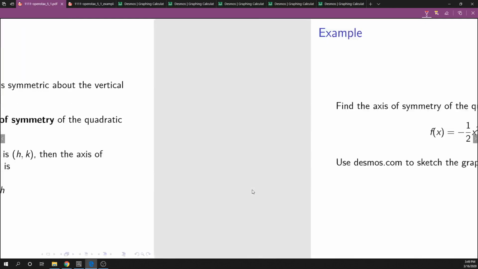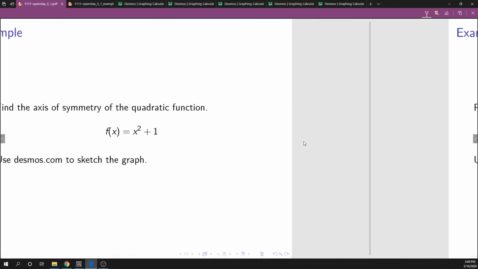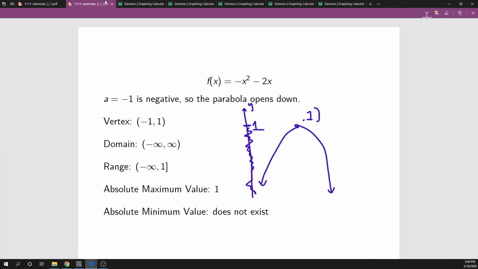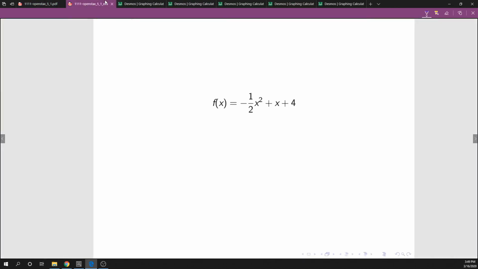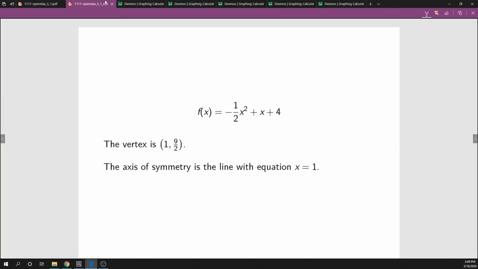For instance, on this first example, we have f of x equals negative 1/2 x squared plus x plus 4. I'm going to switch over to this where I have all these worked out. In a previous video, we found that the vertex of this quadratic function was (1, 9/2), or the parabola, however you want to say it. And so x equals 1 is the axis of symmetry.